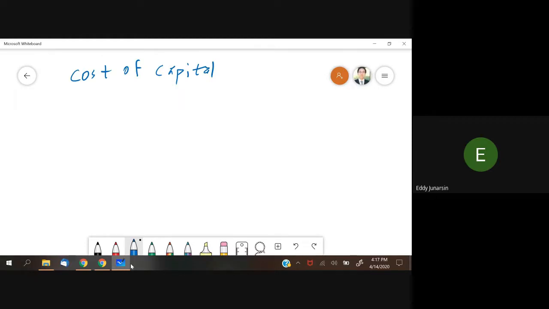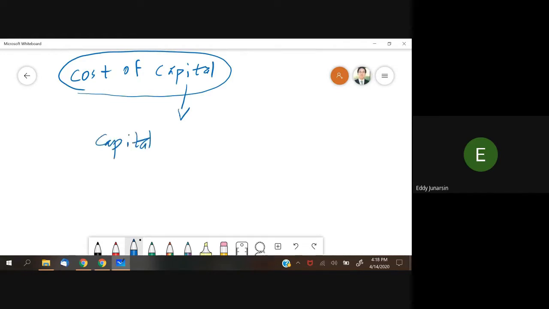So if you see the terminology here, the cost of capital, I have to start the discussion from the word capital. Here, capital. So what is capital? Or if I rephrase my question, who supplies capital?